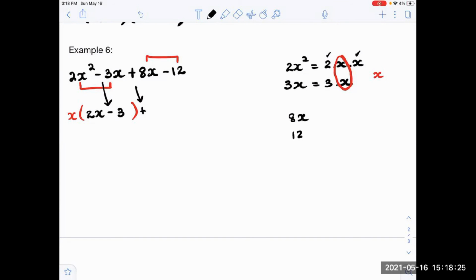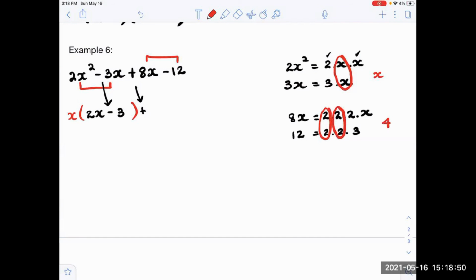8x and 12. So look at the two numbers and identify what is common to both 8 and 12. We can also write it as the product of prime factors. So 2 by 2 by 2 by x, 2 by 2 by 3. Here I have 2 common and 2.